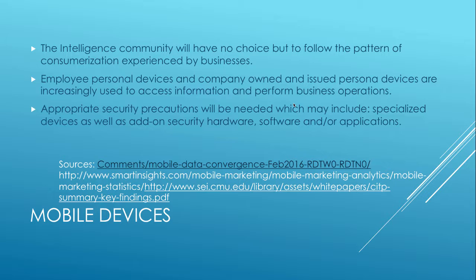As you see in the second bullet, employee personal devices, those owned by the employees, are being used in what's called Bring Your Own Device, BYOD, at many organizations. And it is now the responsibility of that organization to implement the security precautions needed to safeguard the organization's sensitive information.